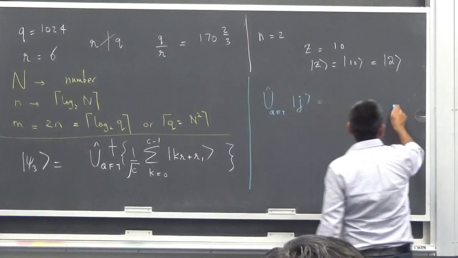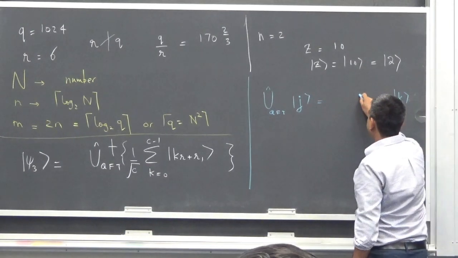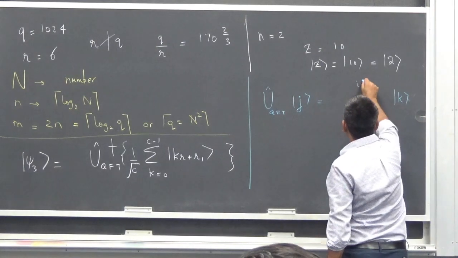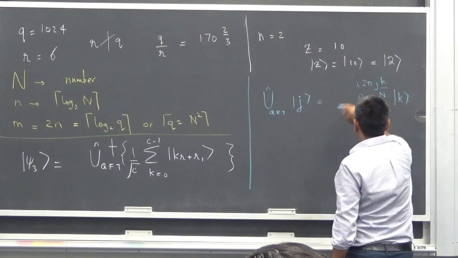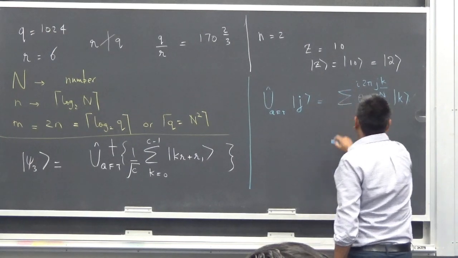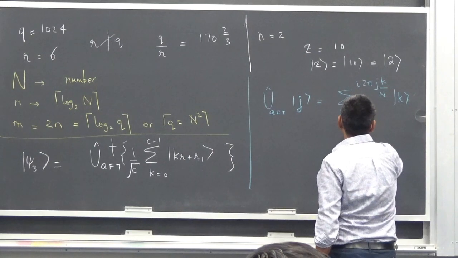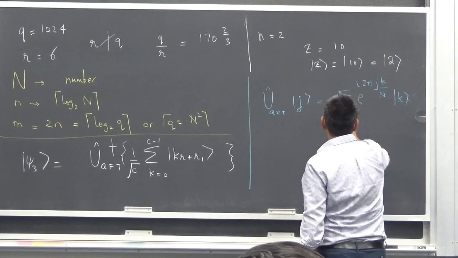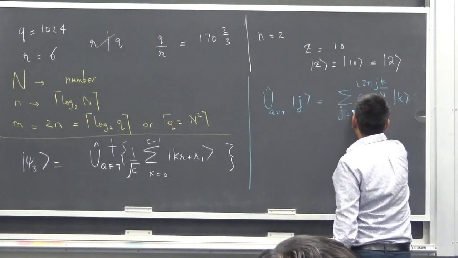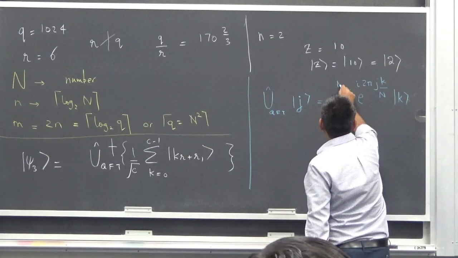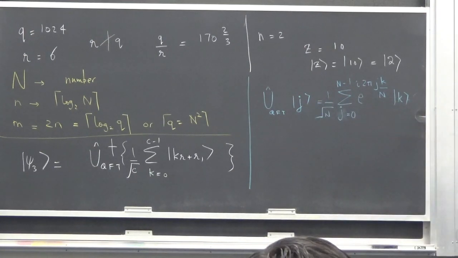It's going to be a sum of k's, each k being modulated by a factor e^(i 2 pi jk / N), where k goes from 0 to N minus 1. This is how I define a quantum Fourier transform.